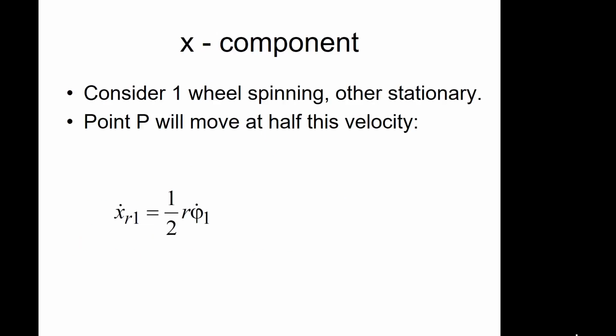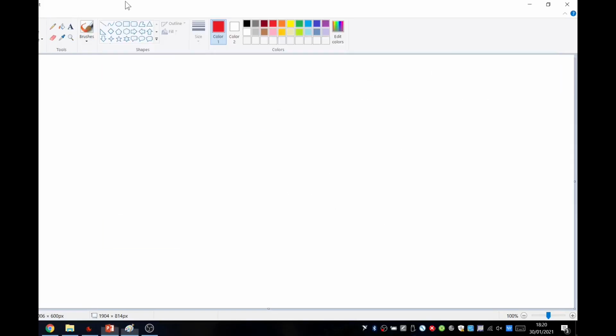So what we'll do is consider each component of velocity separately. So firstly, we'll consider the x component of velocity. It might be easy if I draw this in Paint. We have a wheel. This is rotating at an angular velocity of phi dot.